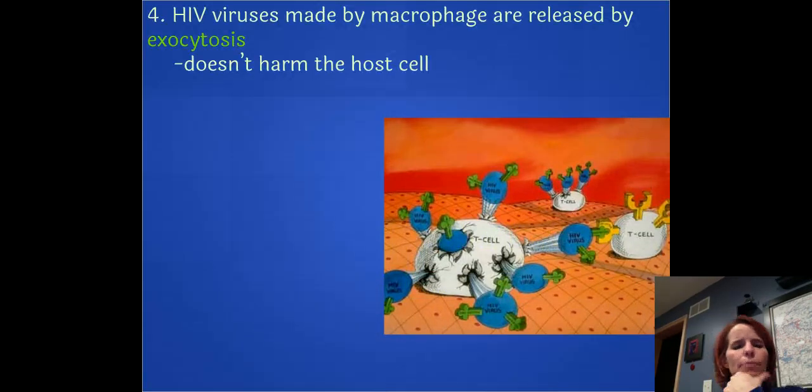Okay, in step number 3, the HIV viruses that are being made by the macrophage are released. And usually when we release viruses out of a cell, the cell blows up and the cell is destroyed. But interestingly and badly in this circumstance, when they're released by the macrophage, they're just pushed out through exocytosis and it doesn't harm the host cell.